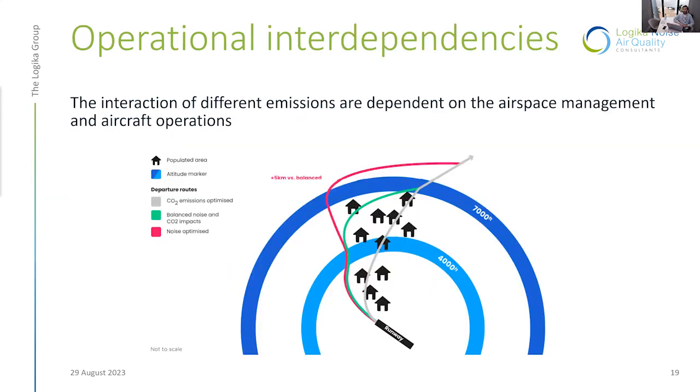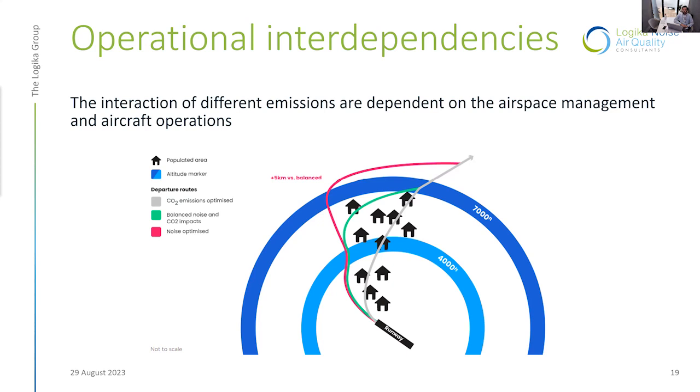And then we go to operational interdependencies. They are the interaction of the different emissions. They are dependent on the airspace management and the aircraft operation. So, for example, in this image that is taken from one of the latest reports that NATS produced on sustainability, you can see that a route from the runway in an airport flying away to any destination can fly over different geographic areas.